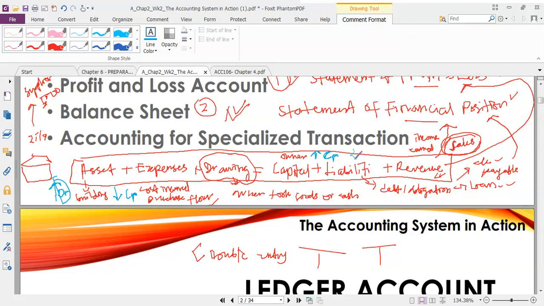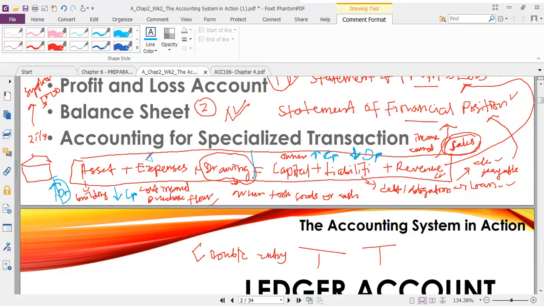But if capital, liability and revenue elements are decreasing, we must put it in debit side. So kalau you perasan, 6 elemen ni, grup yang pertama tadi dia akan bertentangan dengan grup yang kedua.